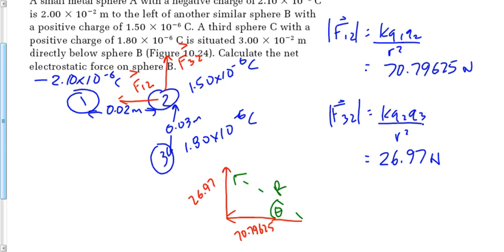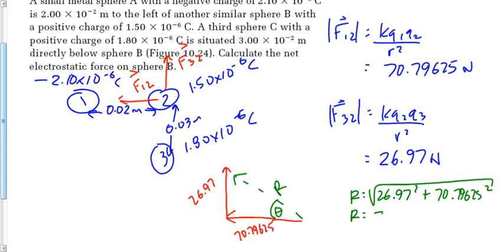We're going to do the Pythagorean theorem. What do you end up getting there? 75.76 newtons, which is going to round to 3 digits, 75.8 newtons.